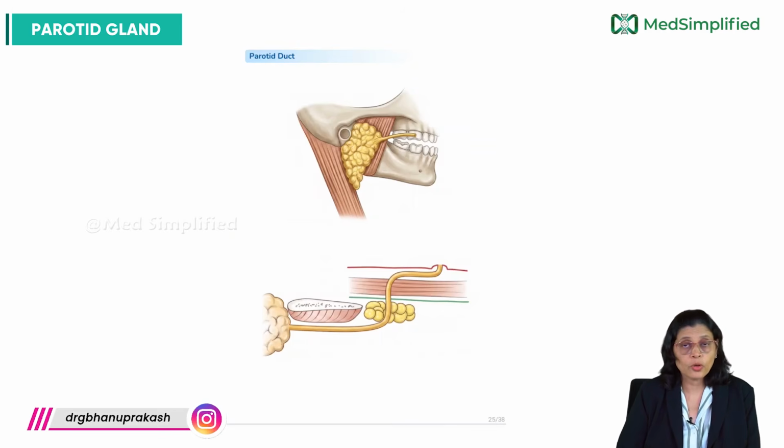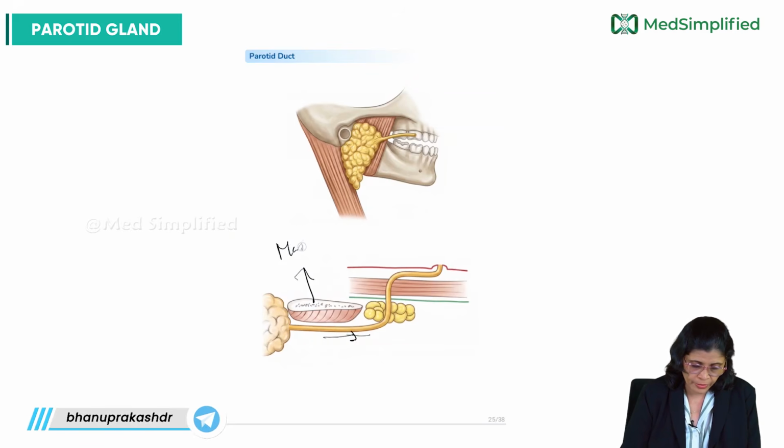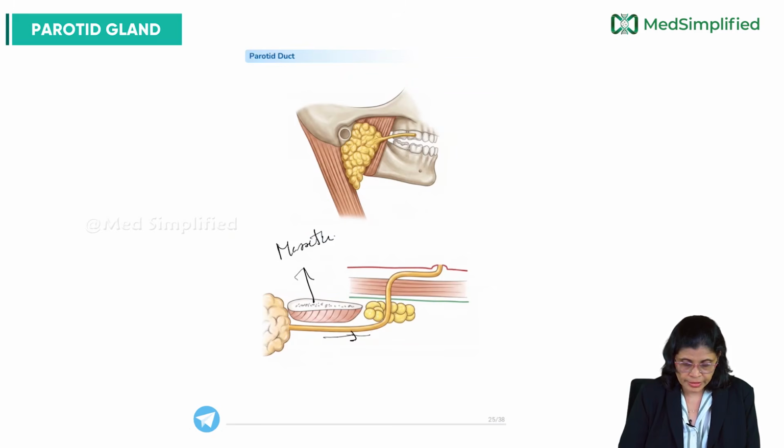When we see the course of the duct, after emerging from the anterior border of the parotid gland, it runs forwards across the masseter muscle, and then it turns 90 degrees.